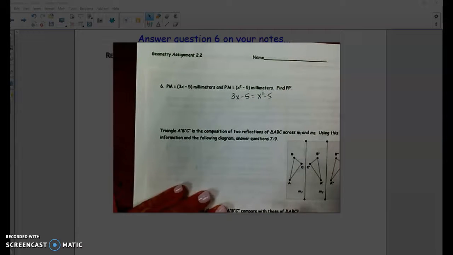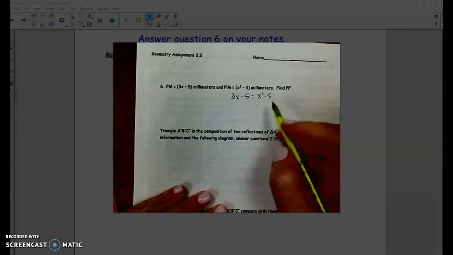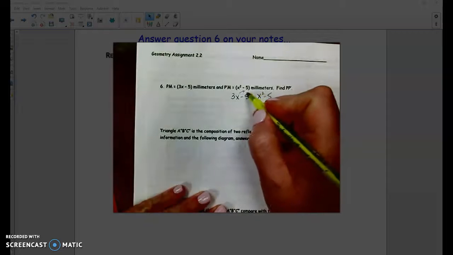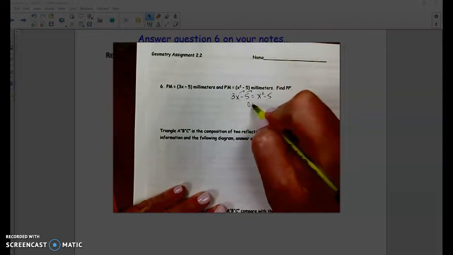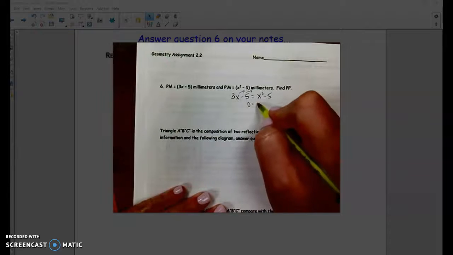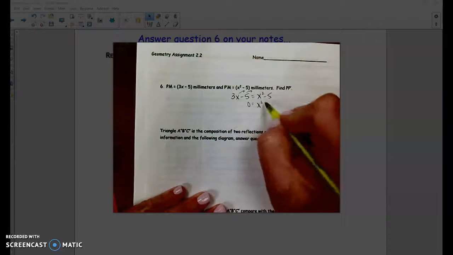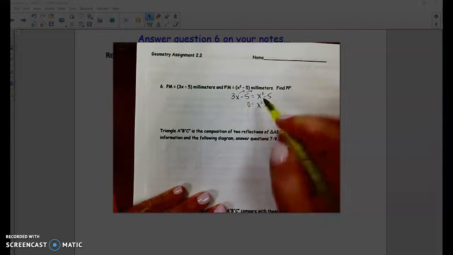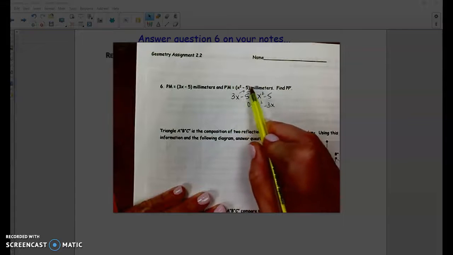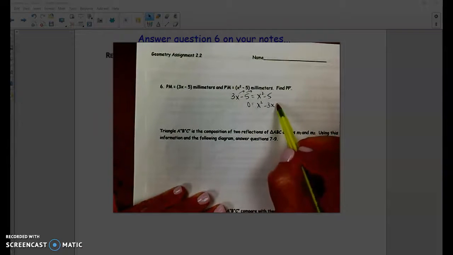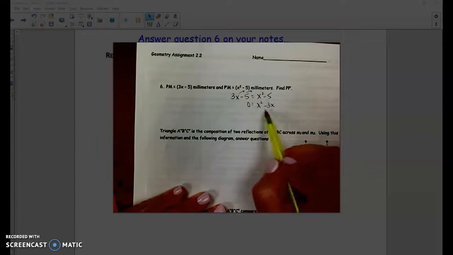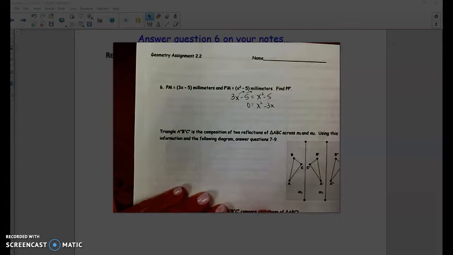So remember, with quadratics, we want to get everything on one side set equal to 0. So the 3x and the negative 5 are going to move over to keep x squared positive, and don't forget to change their signs. So the x squared is first, the 3x comes over and becomes negative 3x, the negative 5 comes over and becomes positive 5, but when it combines with negative 5, becomes 0. So I don't need to write plus 0. I can just leave it just like this, x squared minus 3x.